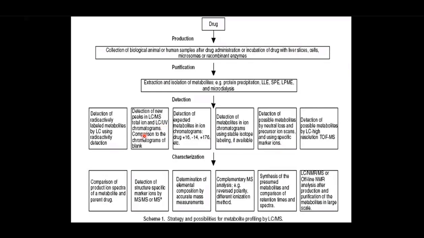Detection of new peaks in LCMS total ion chromatogram and LC-UV chromatogram, in comparison to the chromatogram of the blank. Okay, so when you see some new peaks getting formed in LCMS or LC-UV chromatogram, those peaks could be because of the metabolites, compared to the blank. When you run a blank, you will hardly see anything, but when you run your metabolite extracted sample, you will see a lot of peaks.